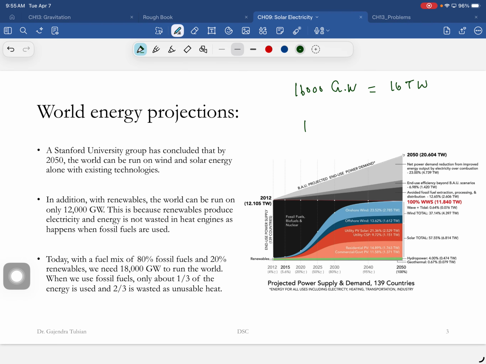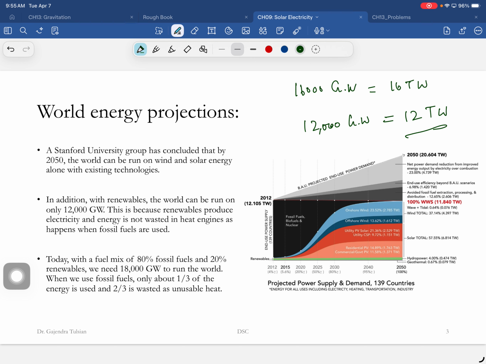And so, well, what is happening today, we're using a lot of fossil fuels. What's the problem with fossil fuels? You burn the fossil fuels, the heat produced, only a third of that is converted to electricity. Okay? What happens to the other 2/3? It's just thrown out the window. Okay? But with renewables, if you produce electricity, electricity is very efficient.